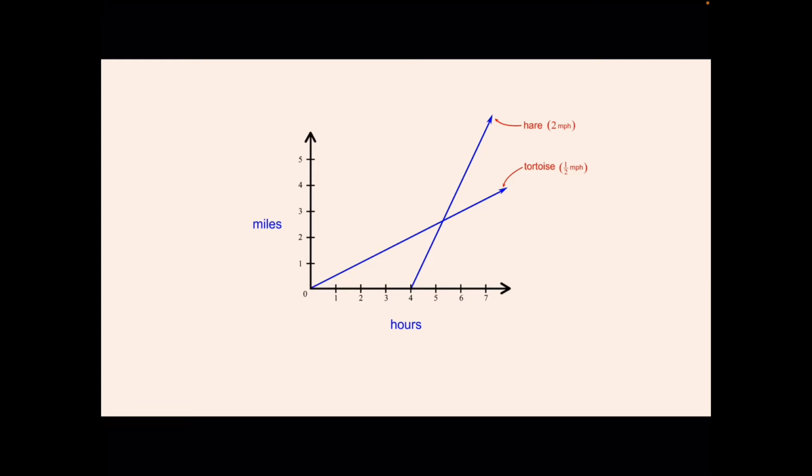Looking at these two graphs, we see that throughout the race, the tortoise's distance increases linearly with time. And after 4 hours of elapsed time, the hare's distance also increases linearly. Until at some point, between 5 and 6 hours after the race has begun, the hare and tortoise meet. The point where the two graphs intersect represents the instant at which the tortoise and the hare are at the same place at the same time.